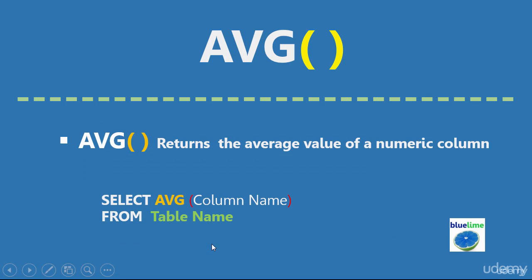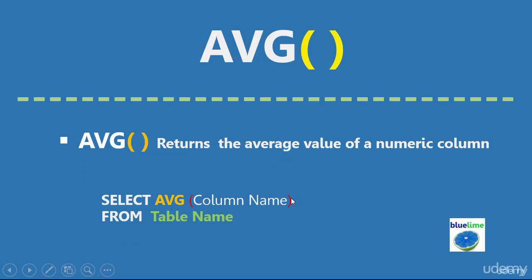So this is how you would include an AVG aggregate function in a T-SQL query. You begin with the select keyword, and then after the select you add the AVG aggregate function, and then you've got the parentheses.